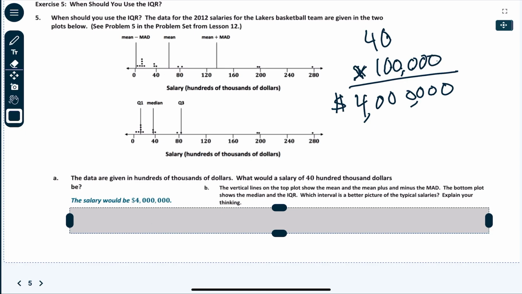Now, it says the vertical lines on the top plot show the mean and the mean plus and minus the MAD. The bottom plot shows the median and the IQR. Which interval is a better picture of the typical salaries?